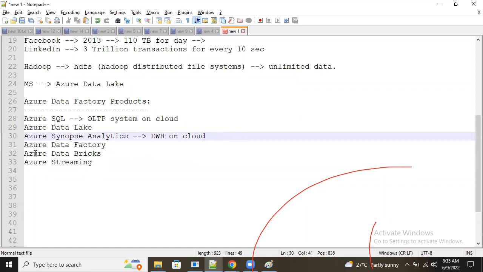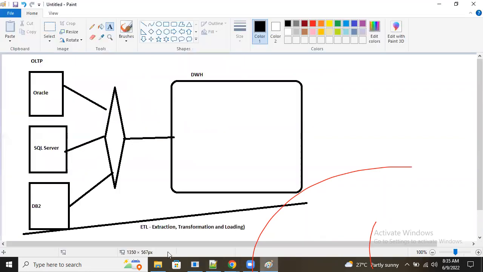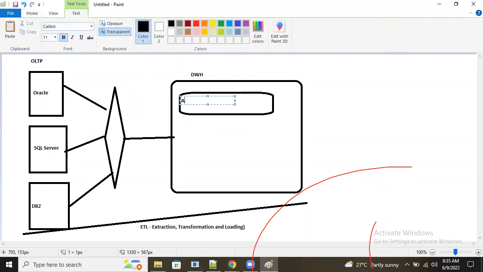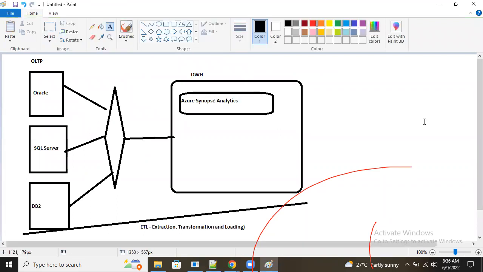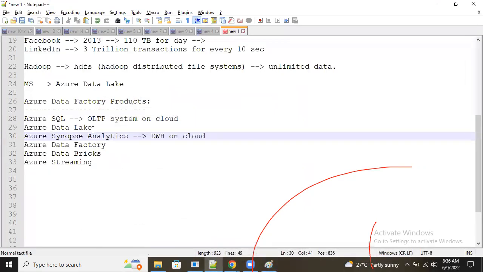So this portion is the data warehousing system. Here we can implement Azure Synapse Analytics. This is also one of the data warehousing systems in cloud. Next one: data lake.